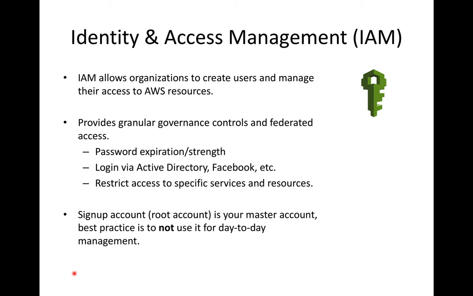So IAM allows organizations to do things like create users and manage user access and roles and create security for AWS resources. The identity and access management policies allow you to create very granular governance controls.